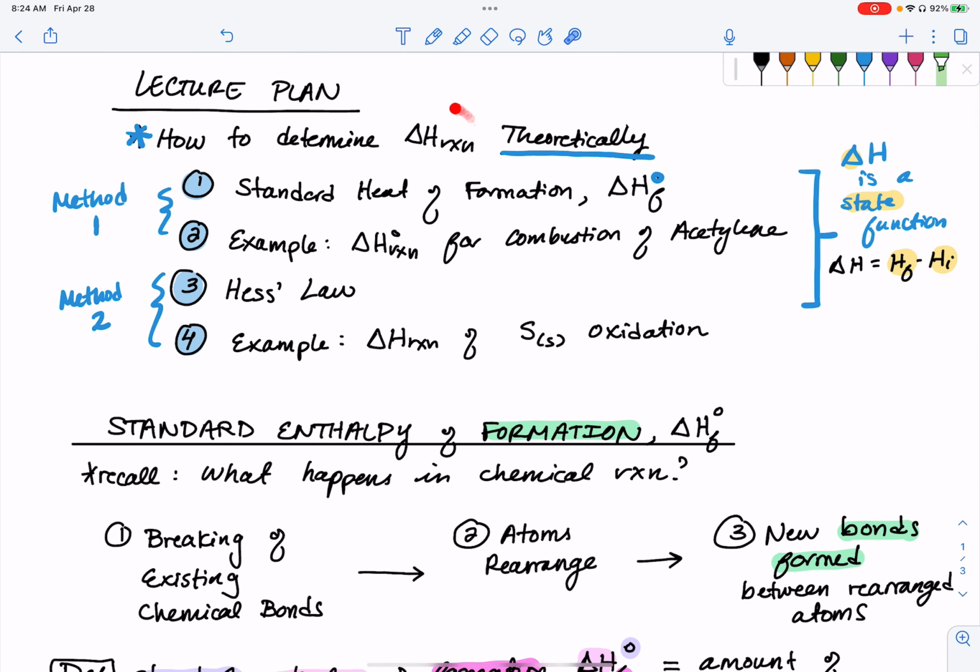The heat of reaction. So in our next video, we are going to look at how we can calculate the heat of reaction at standard conditions based on the heats of formation of acetylene. So we will look at that example coming up next in video 2.